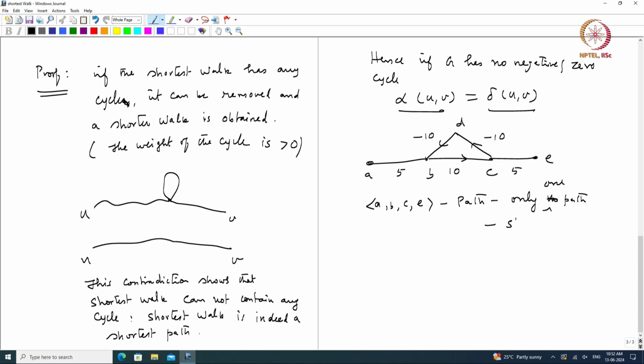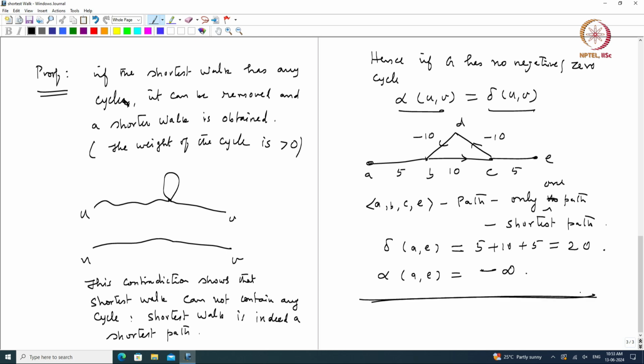Therefore, that is the shortest path. Its weight delta AE is 5 plus 10 plus 5, 20. But we have seen that alpha AE is minus infinity.